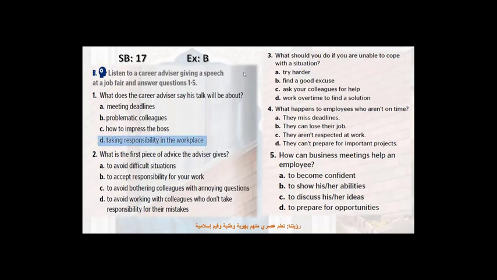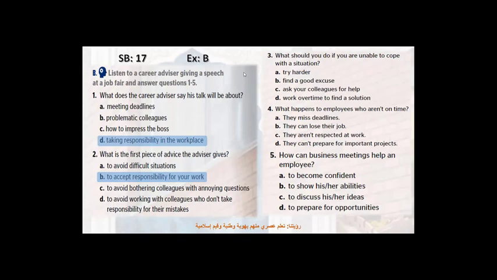Yes, taking responsibility in the workplace. The second question, what is the first piece of advice the advisor gives? Yes, to accept responsibility for your work.